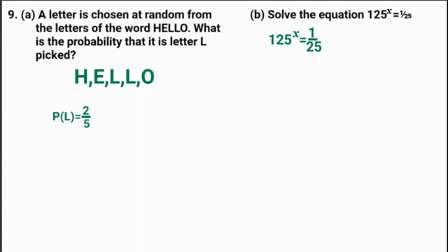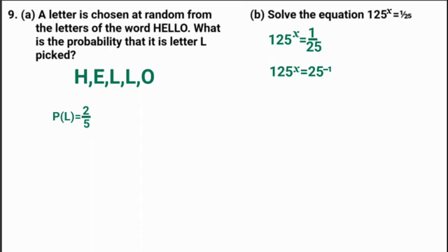So we're going to write 125 raised to the power of x is equal to 25 raised to the power negative 1. Now we have written 1 over 25 as an exponential using the laws of indices.